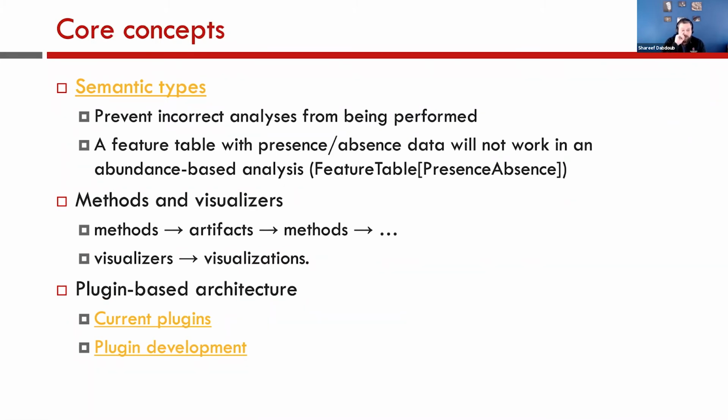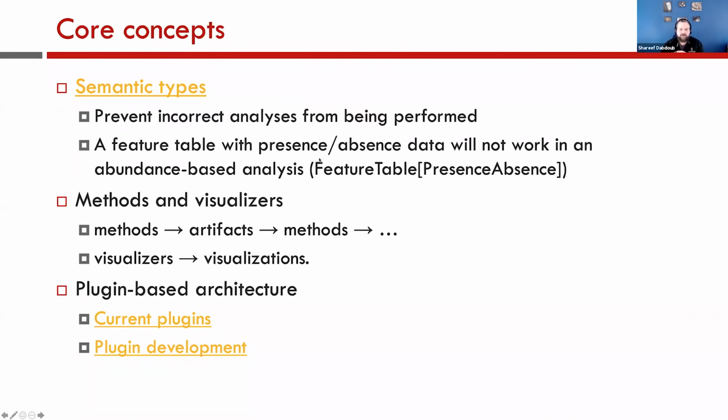Okay, so as I said, the semantic types that I mentioned earlier prevent incorrect analyses from being performed. If you have a feature table type that requires presence absence data, so ones and zeros, it won't work for an analysis that requires counts, so 1 through n kinds of things.